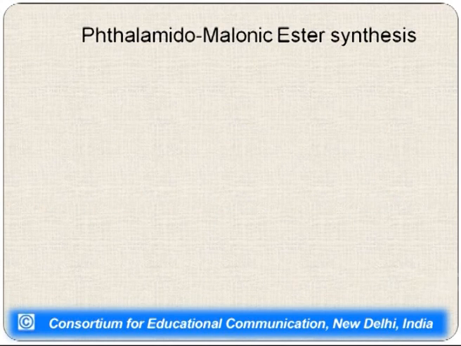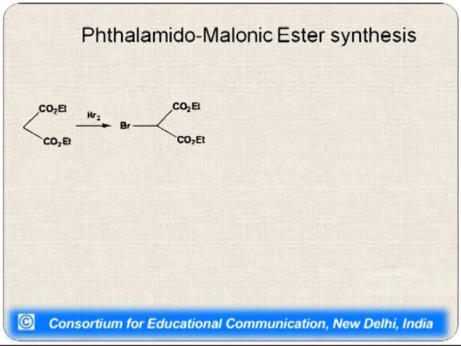There is a combination. We did Gabriel phthalimide synthesis, and then we did the malonic ester synthesis. So, we can combine the two syntheses for getting better yields. I am reporting to you all the reported procedures which are available in the literature.